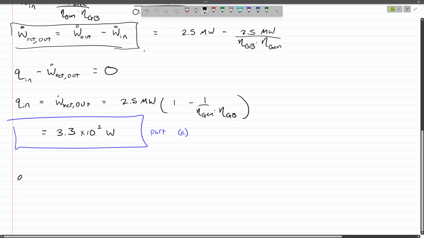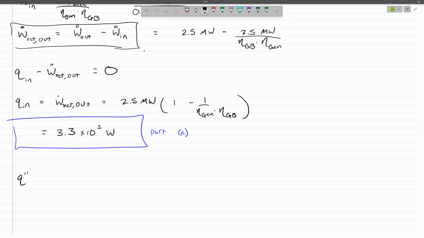So our Q double prime, and here we're going to put a bar over it to indicate that this is our mean heat flux, signed positive out. Remember, heat flux is a vector quantity. In this case, we're going to assume that we are dealing with the heat flux directed along the normal vector of our surface, so it's always producing heat transfer out from the nacelle to whatever the surroundings are.